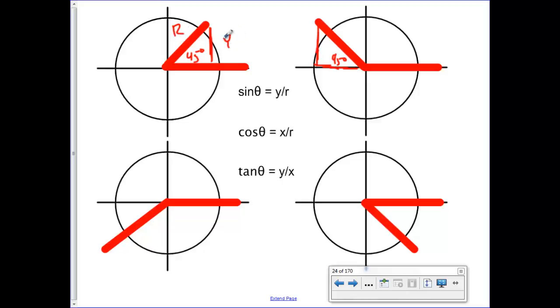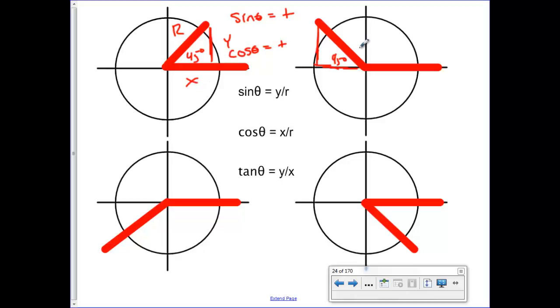Y and r would be sine. Would it make sense that y over r should be equal to sine? I guess what I'm saying is, would it make sense that sine should be positive in this quadrant right here? Because you're doing positive divided by positive. Whereas x in this quadrant here, cosine would also be positive.